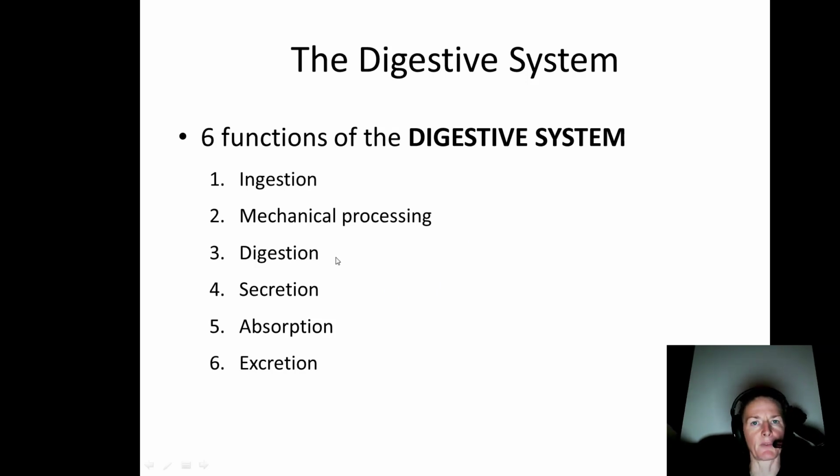This is where the enzymes get to work and start breaking down large molecules into smaller ones. For digestion, obviously we're going to need secretion, because we're going to need to secrete these enzymes into the lumen of the digestive tract, wherever we are, and then these enzymes are going to interact with the large molecules and start breaking them down. Now, as we get into the small intestine, we're going to see absorption of these materials.